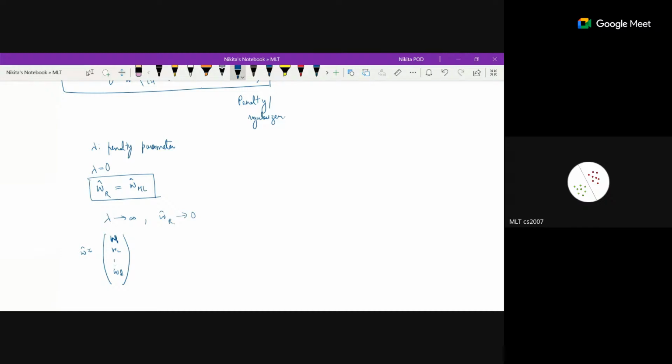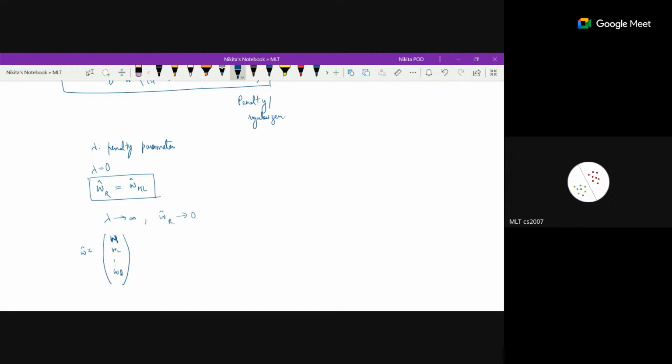The predictors which are not important to us, which are very less important, we can make just 0. That happens by putting some estimates of W's to be 0, right? So that way we'll have a simpler model with fewer parameters.